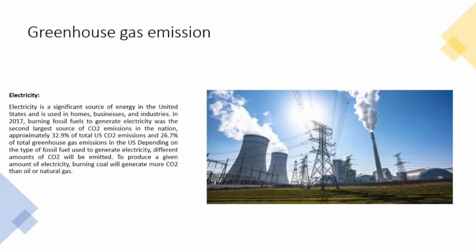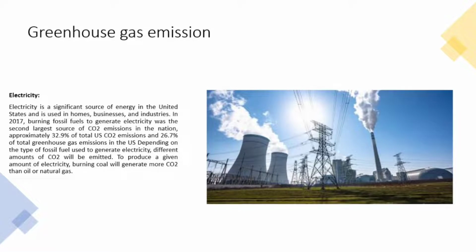Electricity. Electricity is a significant source of energy in the United States and is used in homes, businesses, and industries. In 2017, burning fossil fuels to generate electricity was the second largest source of CO2 emissions in the nation, approximately 32.9% of total USA CO2 emissions and 26.7% of total greenhouse gas emissions in the USA.